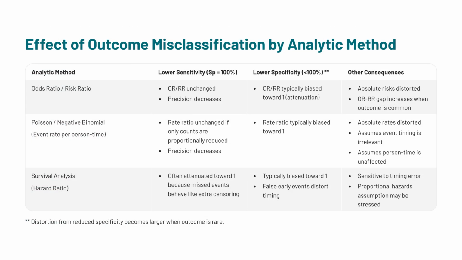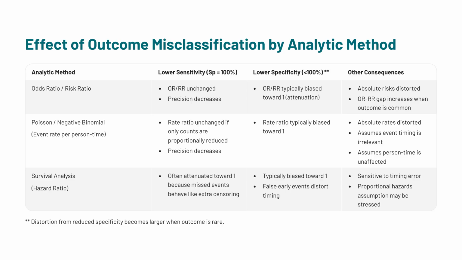Now let's connect misclassification to analysis choices. We briefly touched on methods that estimate risk ratios, and we found that when specificity is at 100% and sensitivity drops equally in both groups, the relative effect can stay similar, but precision worsens. When specificity drops, false positives push estimates toward no difference in treatment effects.